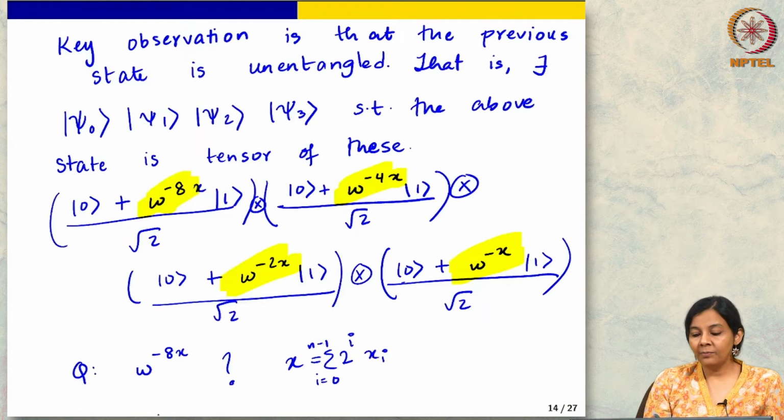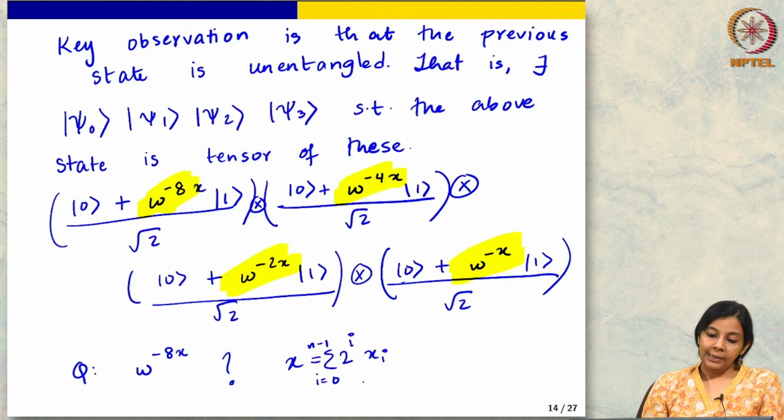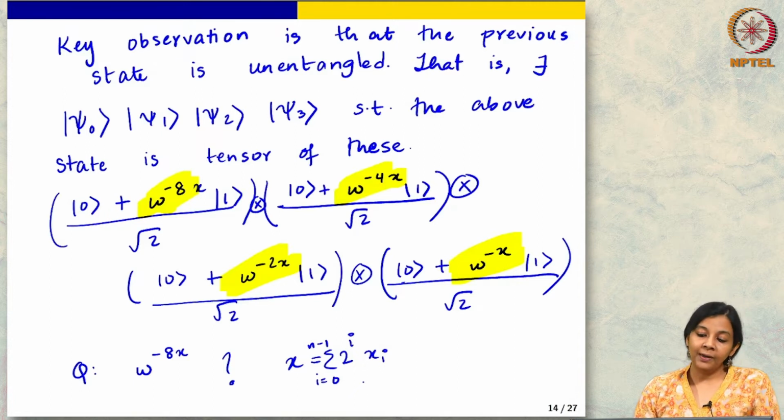I want to use the fact that x is this, together with the fact that omega to the 16 is 1, to simplify this. Let me try to motivate where I am going with this.